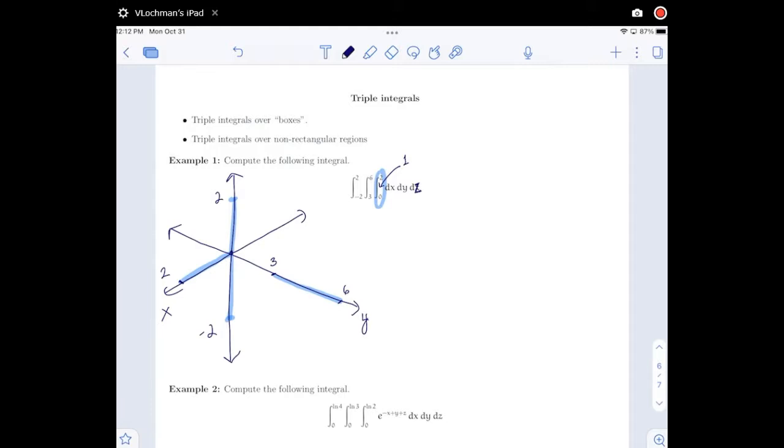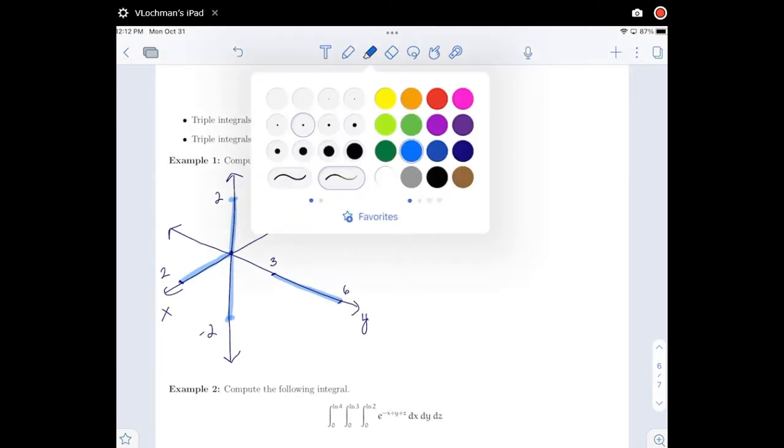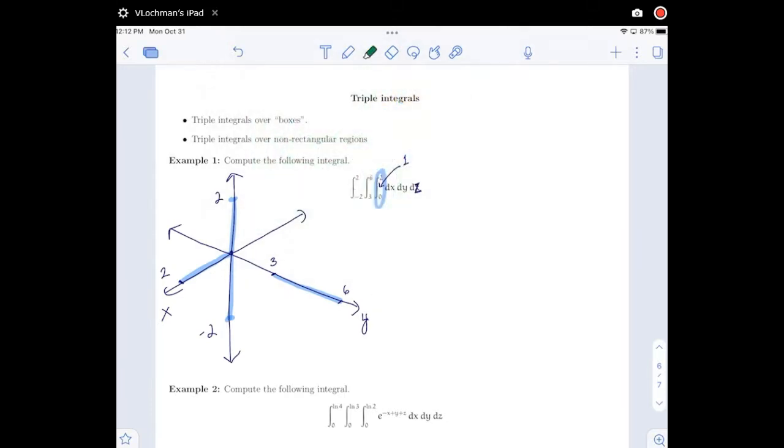Okay, now I'm going to go ahead and build my box with these dimensions. So y is set up, and now I'm going to go 2 in this direction and 2 in this direction. And then I need to go 2 up and 2 down.